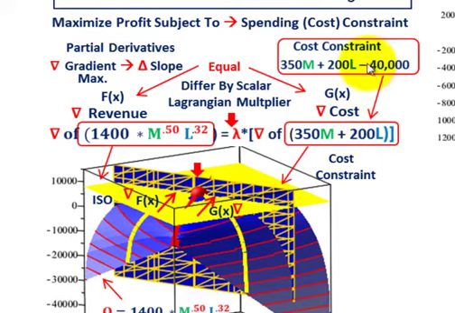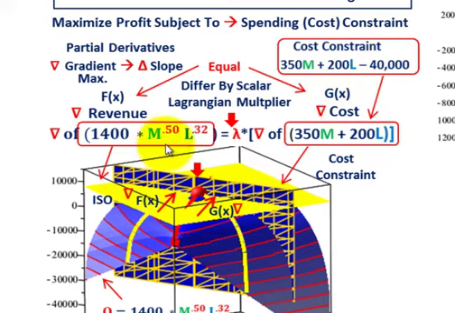But we're also going to add in this cost constraint. We'll be looking at several different cost constraints in this problem to get an idea of how the Lagrangian works with the different cost constraints. For starters, I'll just look at a $40,000 cost constraint.